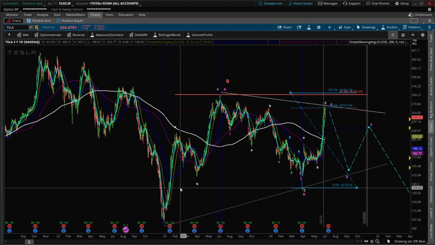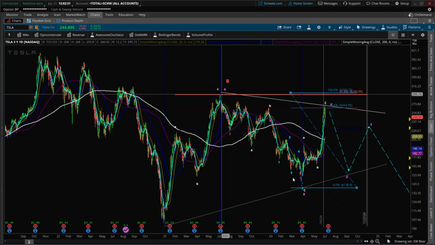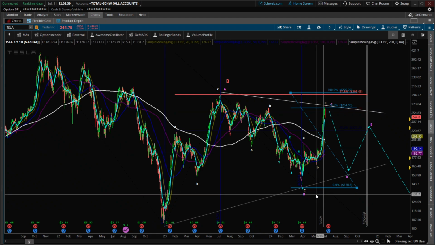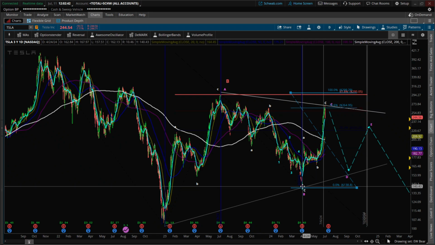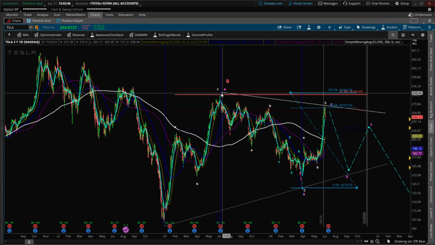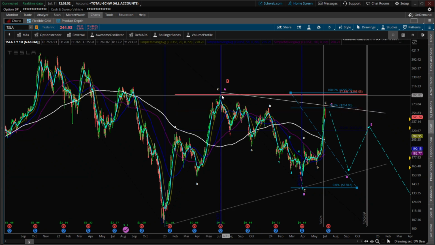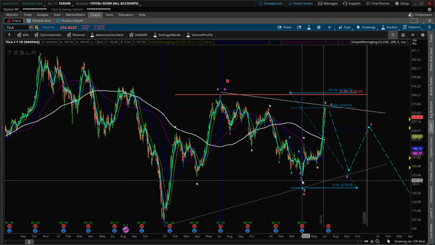So right now, if we're counting this as a triangle, we have an A, we completed B, and now we're completing C back into the 786 retracement from this top to bottom, which is very typical of a triangle to go so deep of a retracement. But this can also be counted as an initial move for an A, B to be completed, and now, and I have a problem with this, would be a 3-wave move here for a 1, and then a 2, so this could be an ending diagonal to the downside.